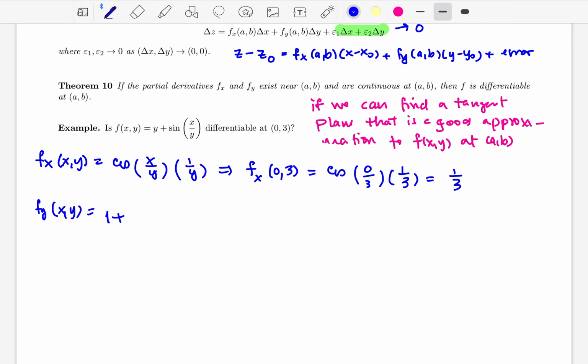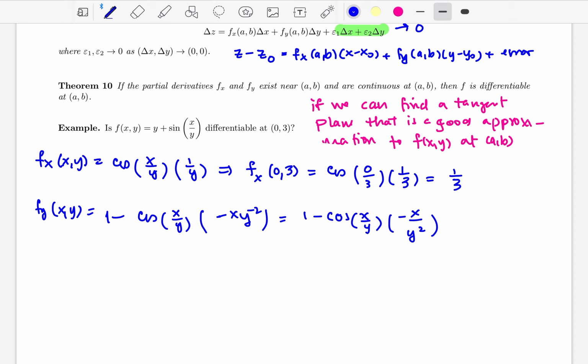Now I take the partial with respect to y, and I get 1 plus, actually minus, cosine of x divided by y, and this is the same as saying x times y to the negative 1. When I take the derivative with respect to y, I get negative x y to the negative 2. So this is 1 minus cosine of x over y times negative x over y squared.